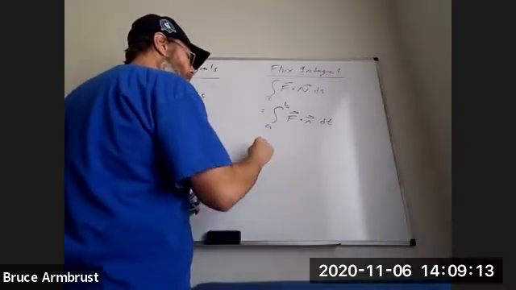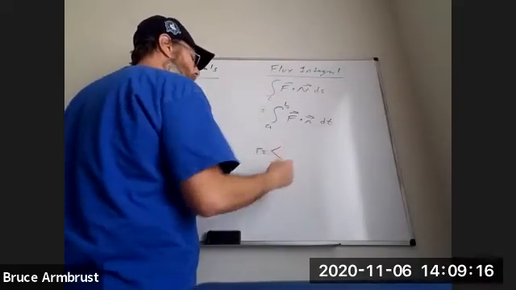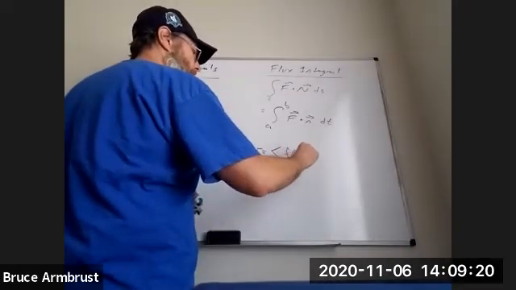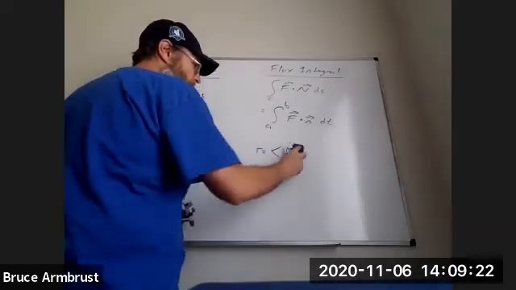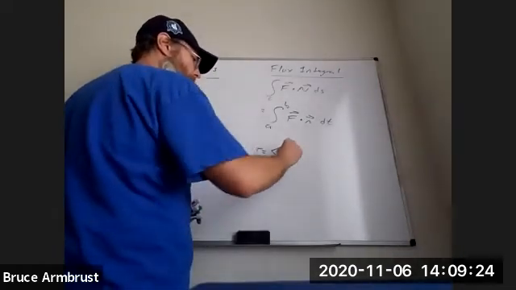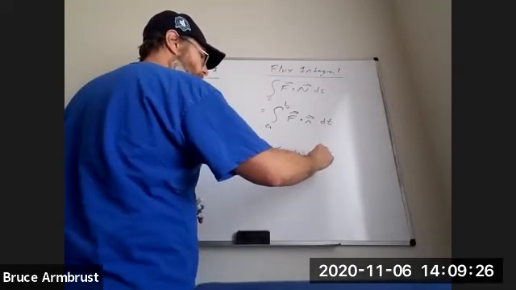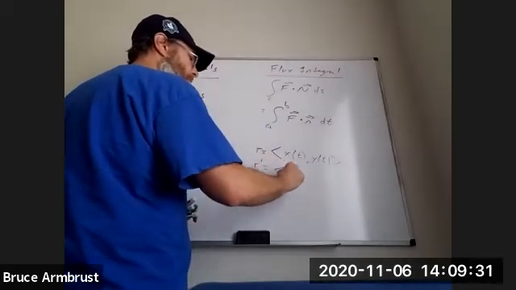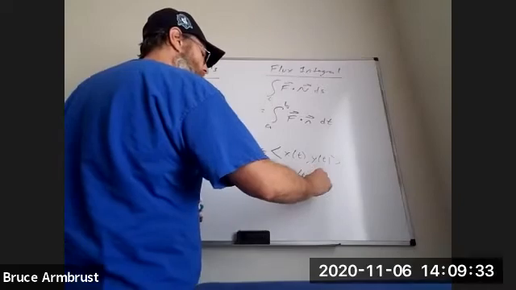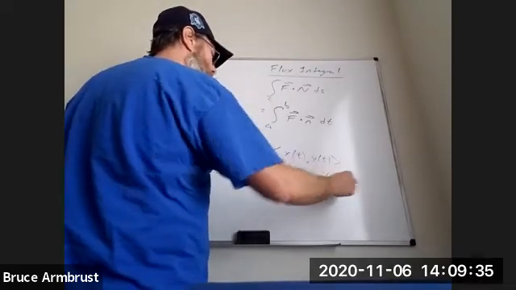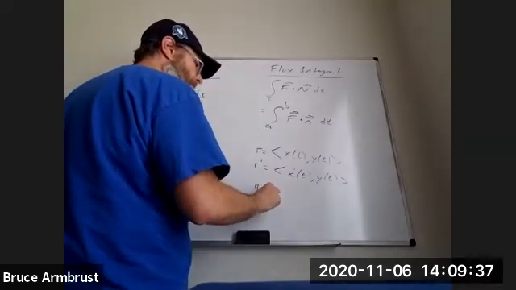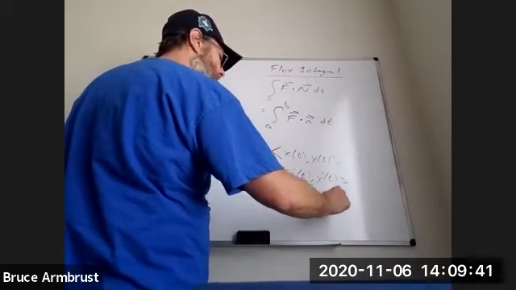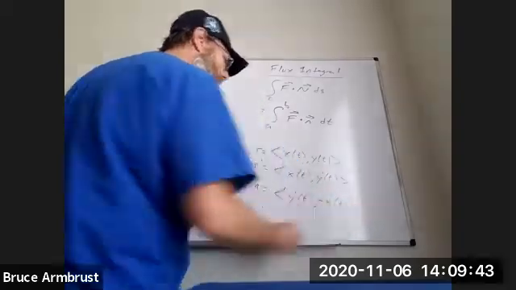And if r is, let's call it x of t, y of t, then r prime is x prime of t, y prime of t. We define n as y prime of t comma negative x prime of t.